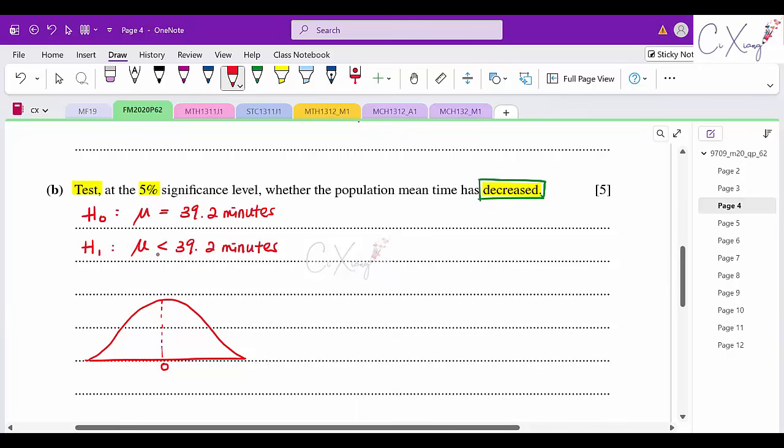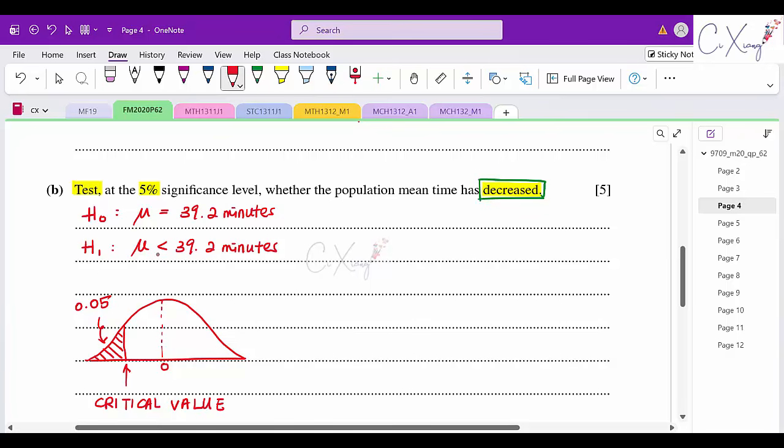And because this is a one-tail test on the left, since the alternative hypothesis is smaller, my rejection region will be on the left-hand side. This is the area of 0.05 coming from the 5%. I wish to know what this particular value here is, and we will call it the critical value.